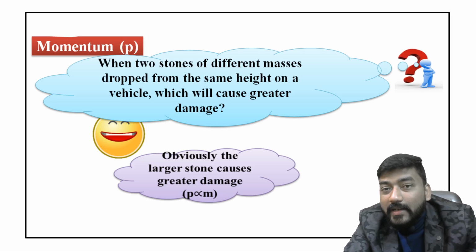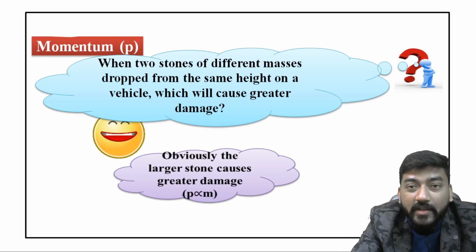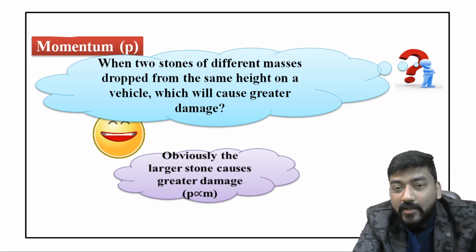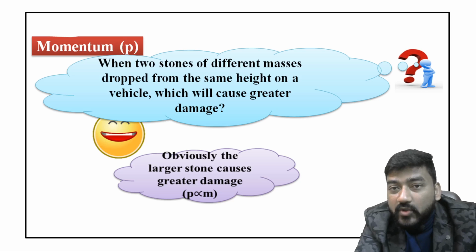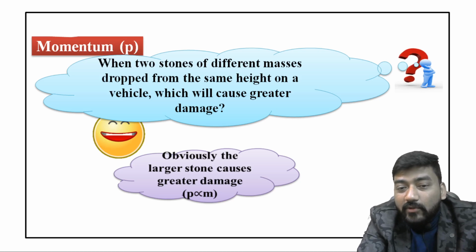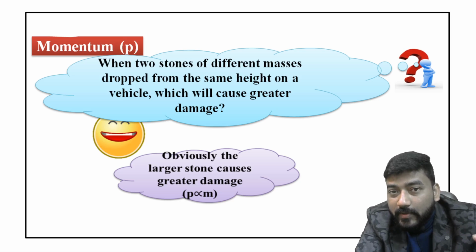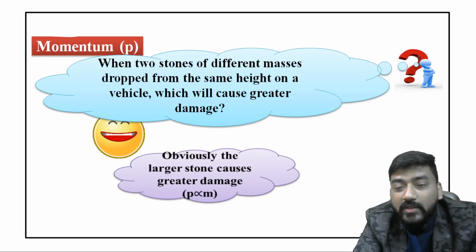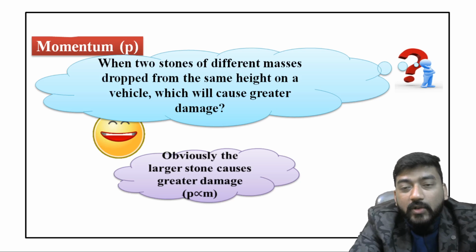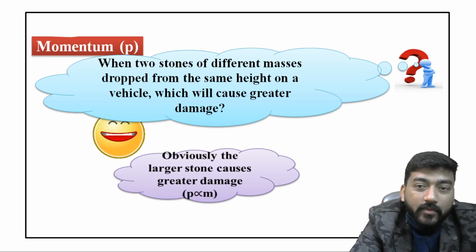The physical quantity contained in the moving object, due to which the damage occurs, is proportional to mass. That damage is proportional to m, and that is actually momentum. So momentum is proportional to m.